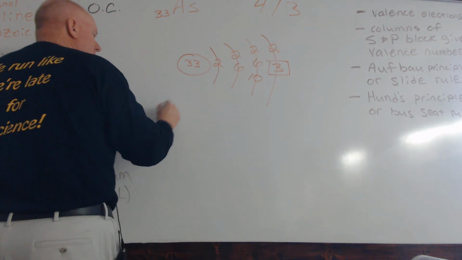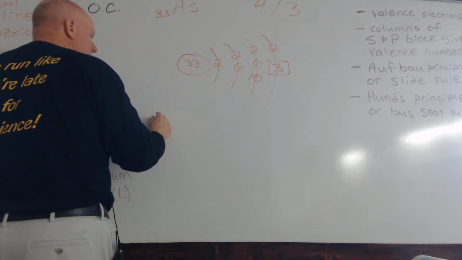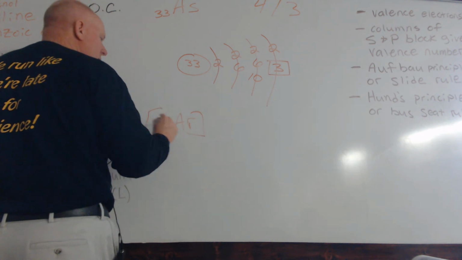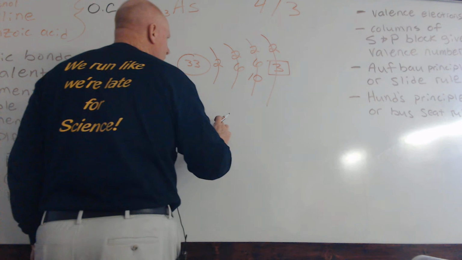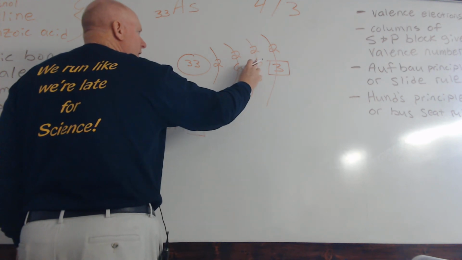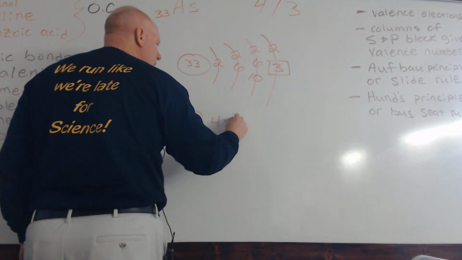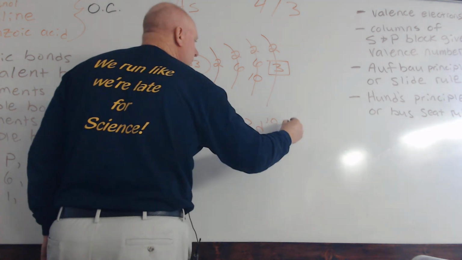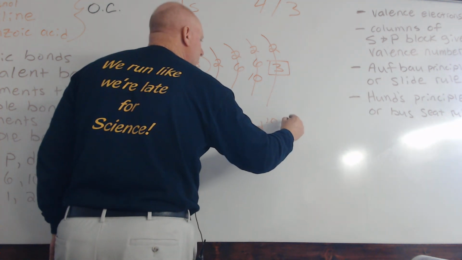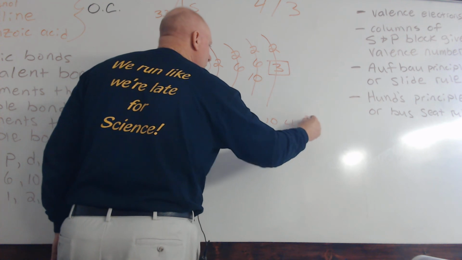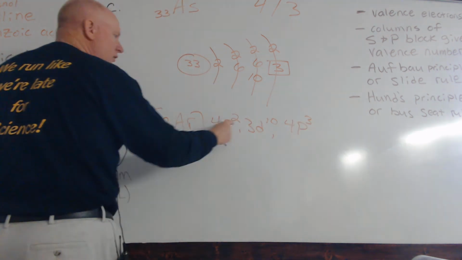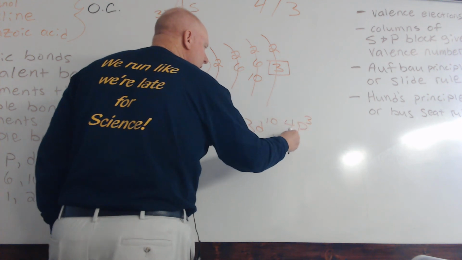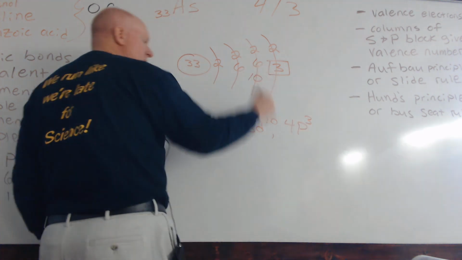We can do 18, so we're up to argon, okay, so that means this is full, then we go to 4s2, 3d10, and then 4p3. So 18, 20, 30, 33, so that's got to be right. The last electrons fell in that P block.